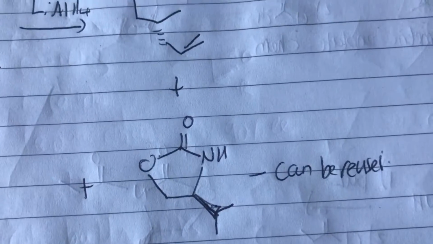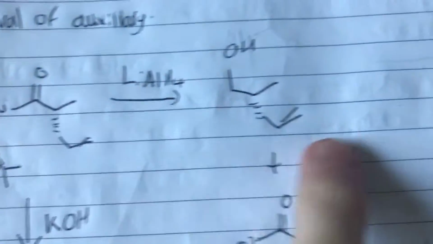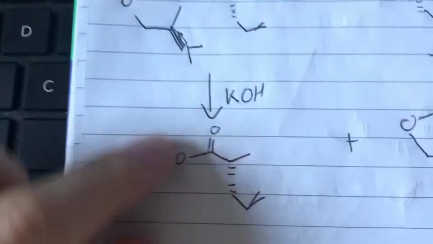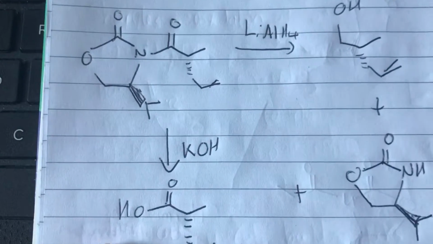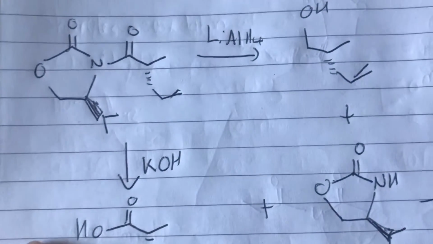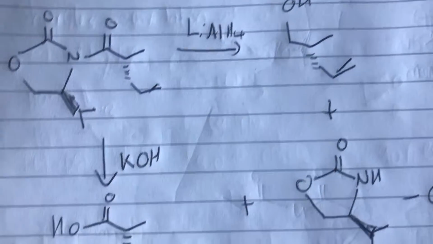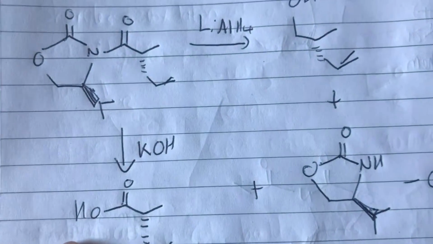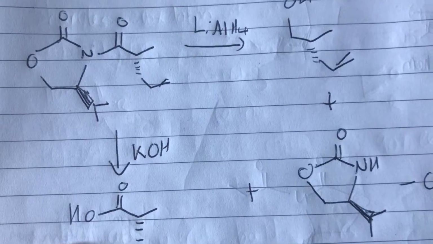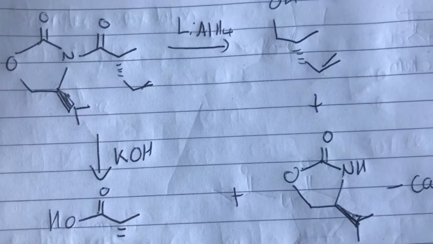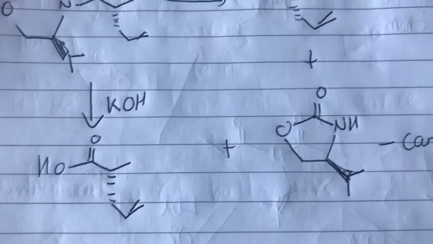The auxiliary can be reused here, because that's what we form. So obviously we break that bond there and form these two, or we could add KOH instead, and that does pretty much the same, apart from we get a slightly different isomer instead. So that's pretty much it for that.